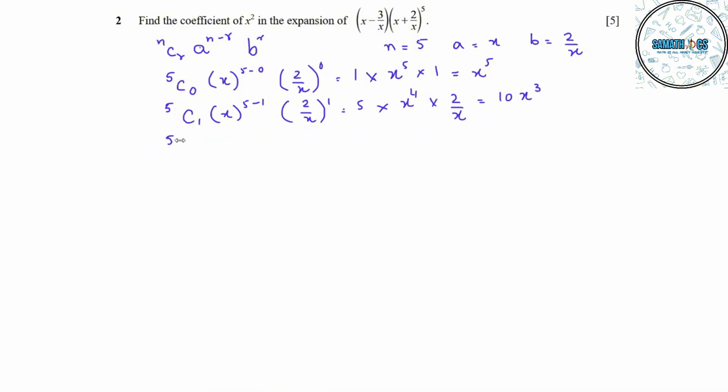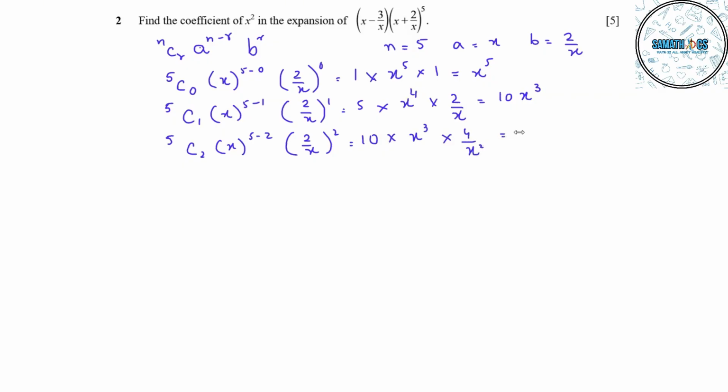Then 5C2, x power 5 minus 2, 2 upon x with power 2 is equal to 5C2 is 10. X power 5 minus 2 is x power 3. 2 upon x with power 2 is 4 upon x squared.